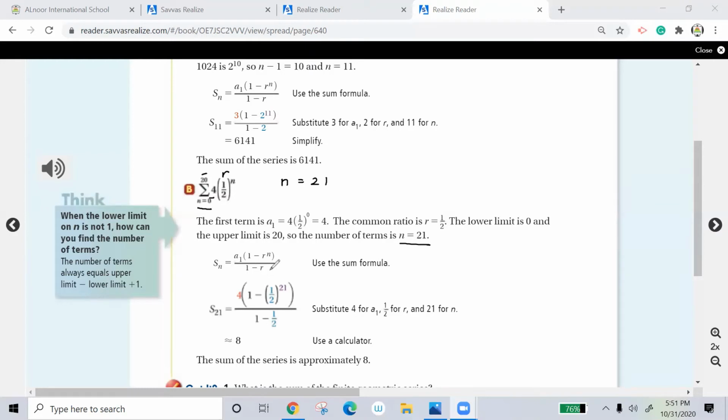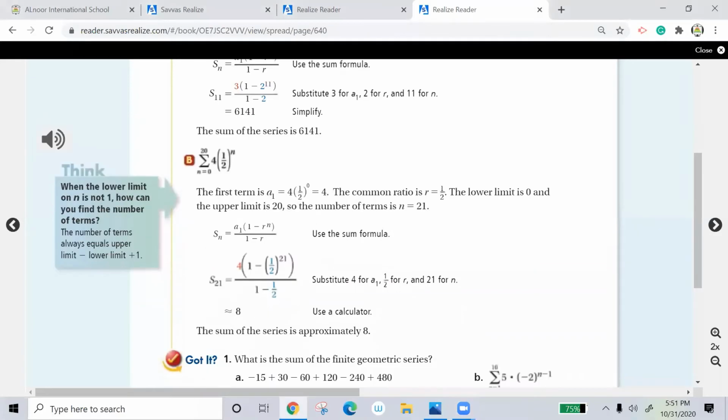If you simplify all these numbers on your calculator, it will give you approximately 8. Or if you want to do it manually, simplify first 1 minus 1/2 raised to 21, then multiply it by 4 and divide it by 1 minus 1/2. It will give you approximately 8. So the sum of the series is approximately 8. That is for letter B.